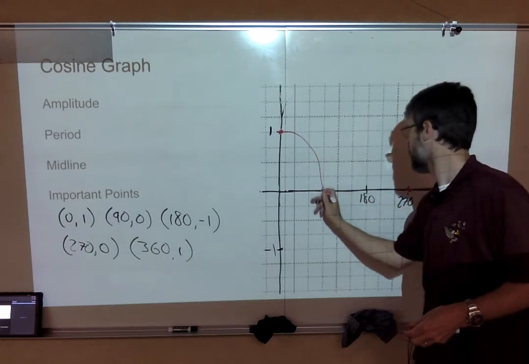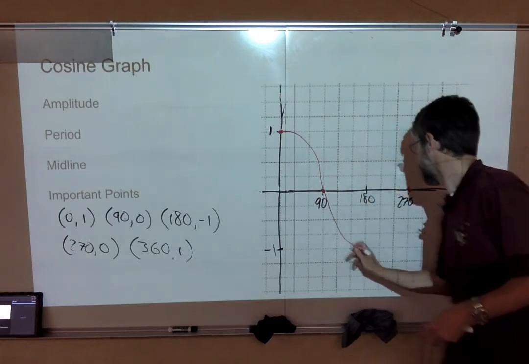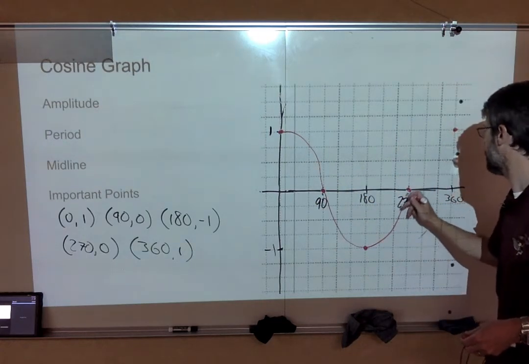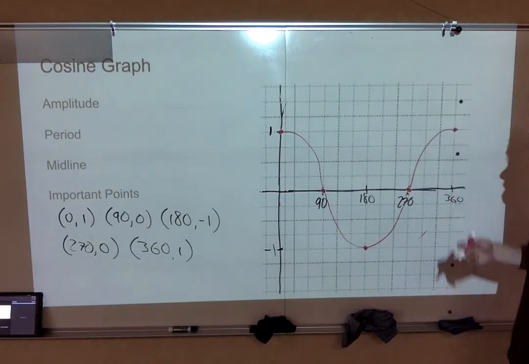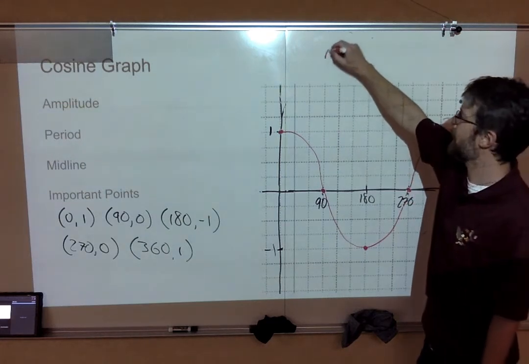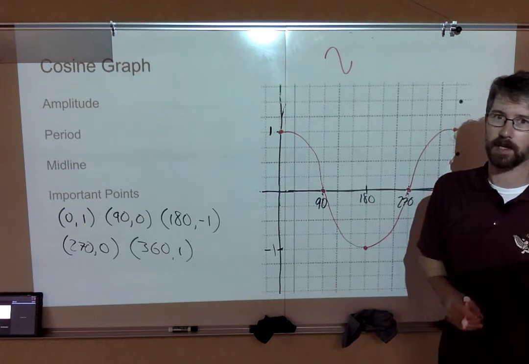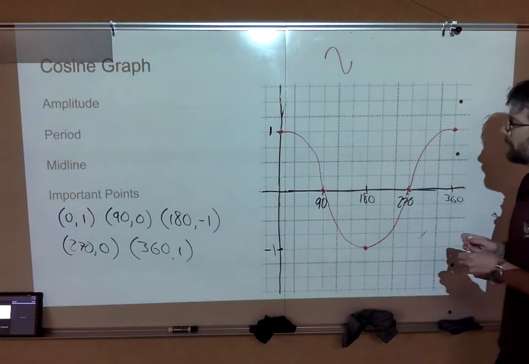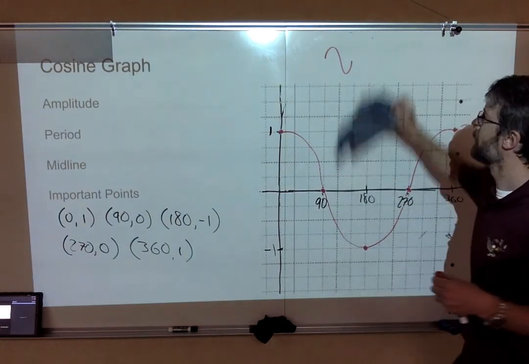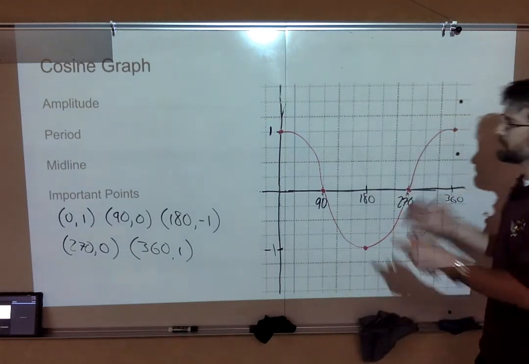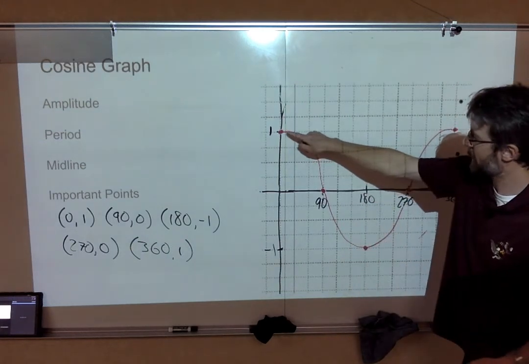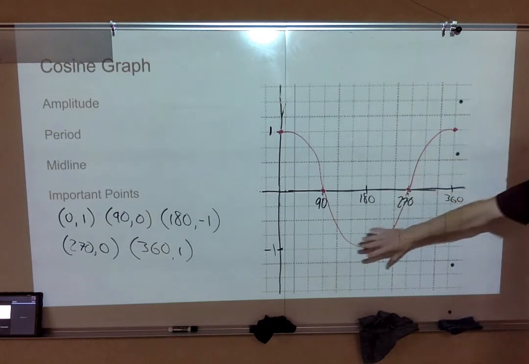So some people like to remember the difference between what a sine graph looks like and a cosine graph. A sine graph, one period of it kind of looks like an S, right? Kind of a goofy, sideways S. And then a cosine graph kind of looks like a C that's been tipped on its side, right? Because the high points are on each end and then the low point is in the middle.